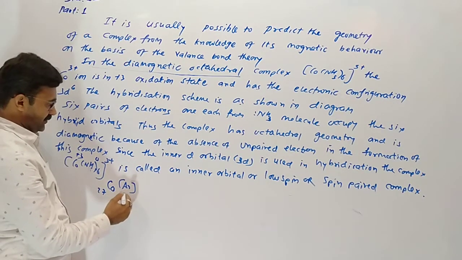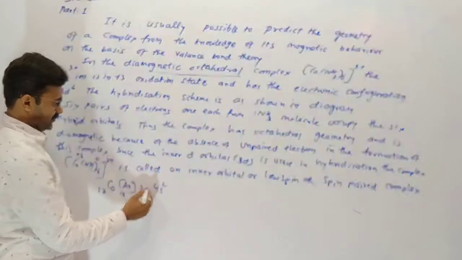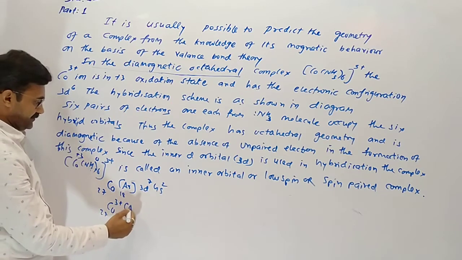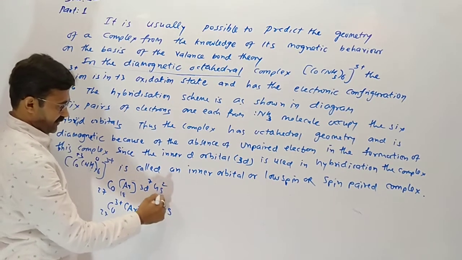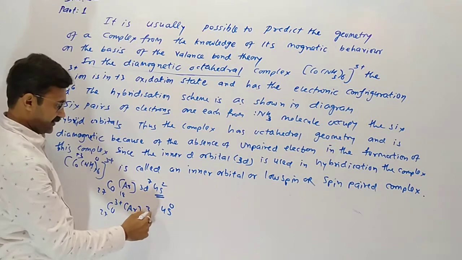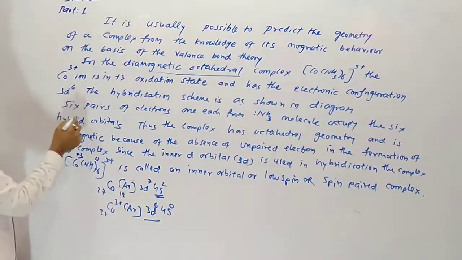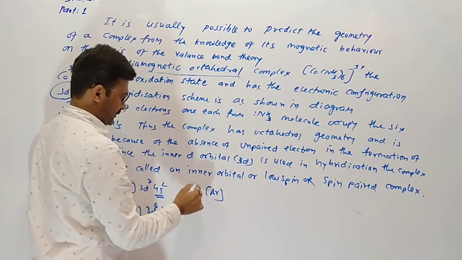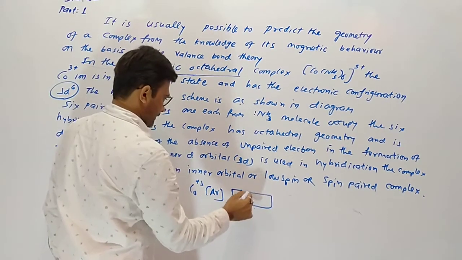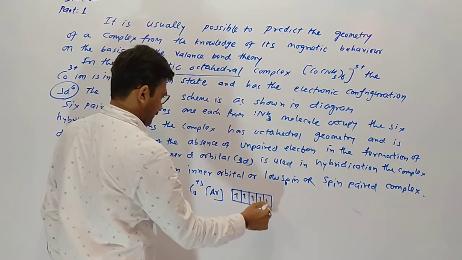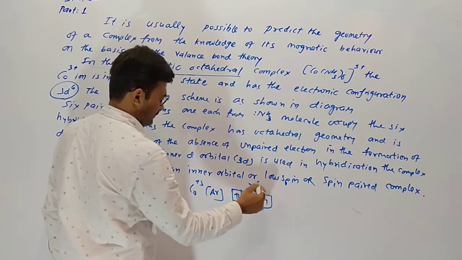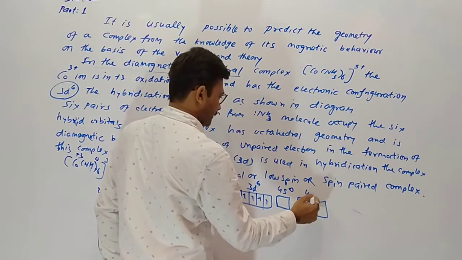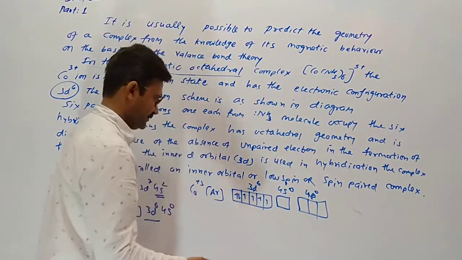So argon 18, 4s2 3d7. 3 electrons are lost. So from here, 2 go from 4s and 1 from 3d. So 3d6. Understood? So after argon in cobalt 3+, there are 6 electrons: 1, 2, 3, 4, 5 and 6. Then 4s is vacant. 4p is already vacant.